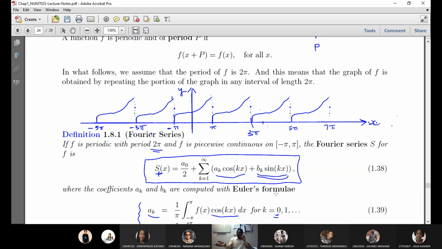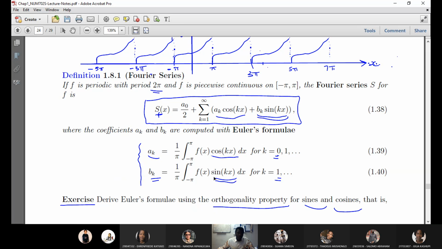Through a change of variable, you can always bring it to a function of an arbitrary period, capital T, and therefore all these formulas will be readjusted. But in order to avoid complication with an arbitrary period, we fix it to be 2 pi. Why? Because common functions like sine and cosine are 2 pi periodic.